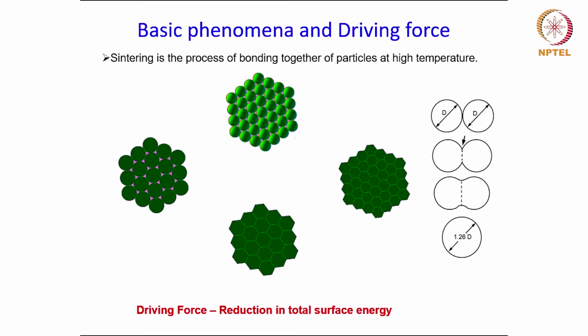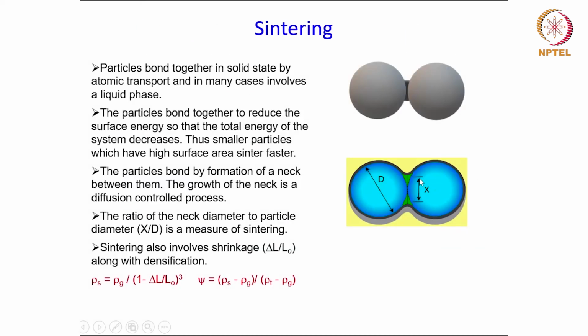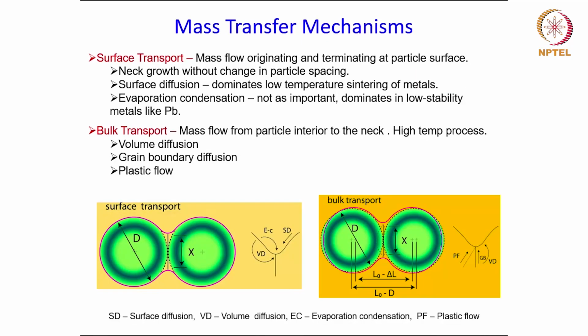So this neck growth occurs through mass transport along different paths, and the extent of sintering can be measured with the help of the neck size ratio. Okay. Now the neck grows by mass transport along well-defined paths.